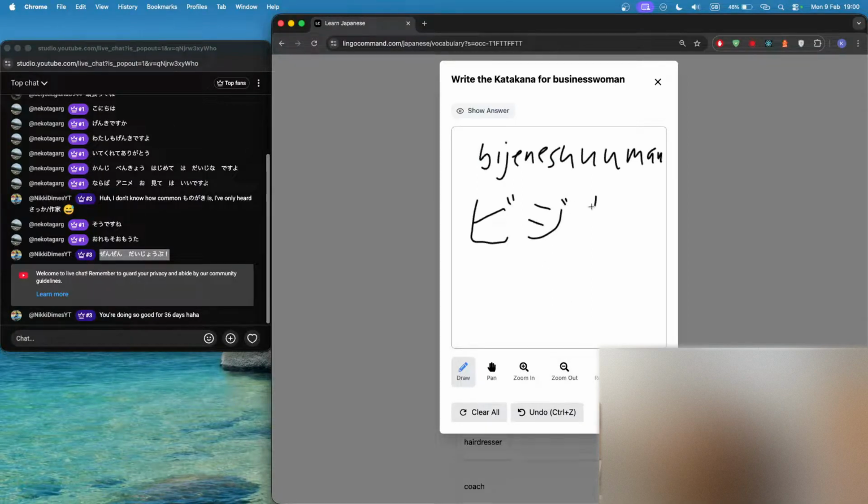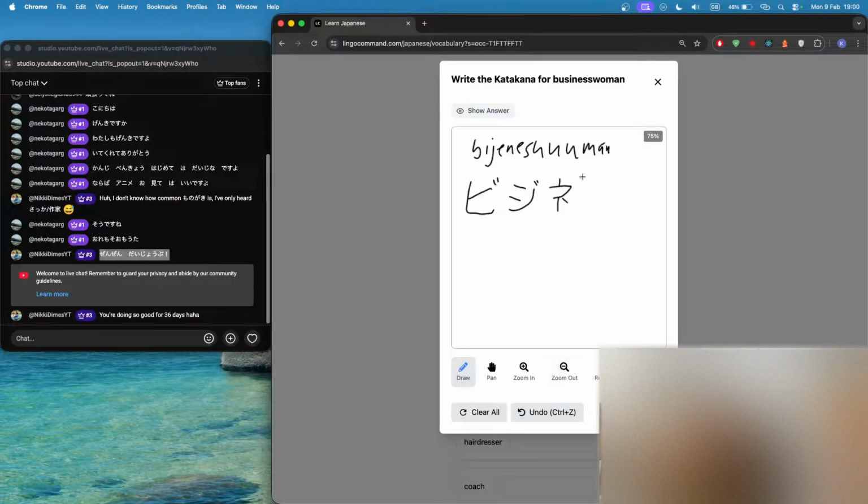That's ji. And then this is my favorite hiragana. Let's try and write that a little bit more neatly. Biji ne. And so we'll zoom out here, give ourselves a bit of space. This is su. Bijinesu. And then here we're going to write u.